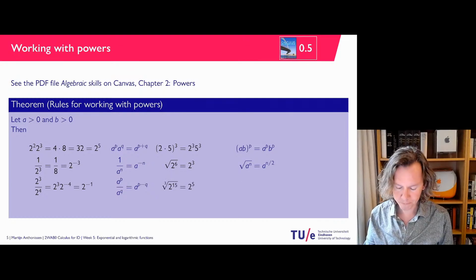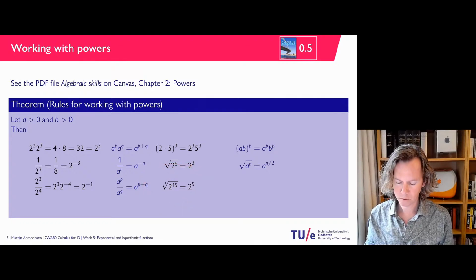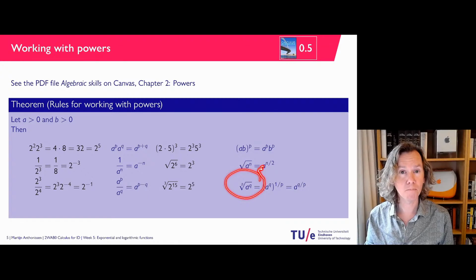We're almost there. The cubic root, that is to the power 1/3. So the cubic root of 125 is 5. So if you have a to the power q and you would like to take the pth root, that is the same as to the power 1 over p.